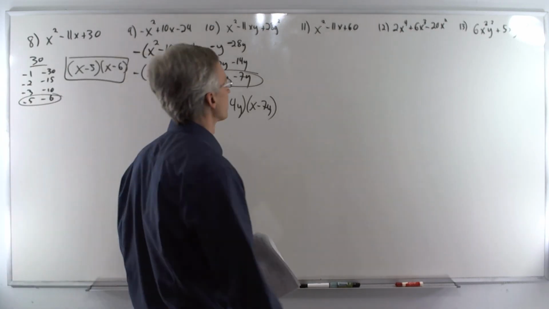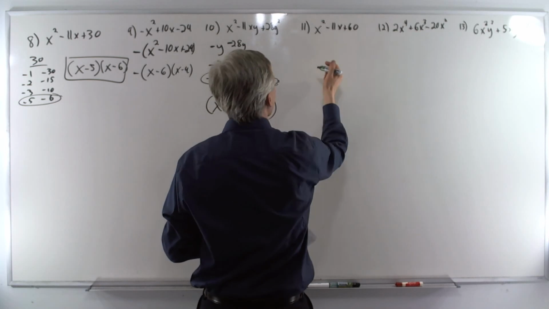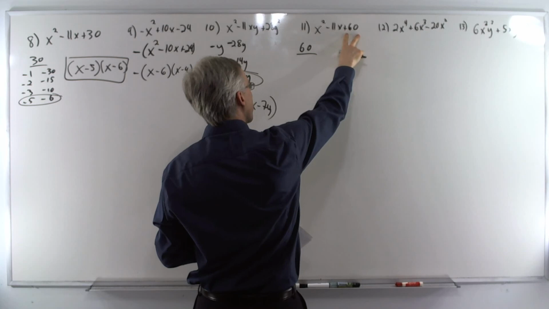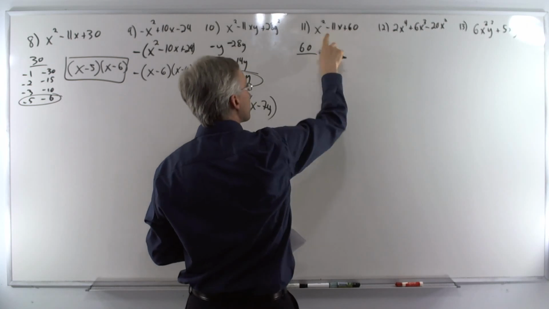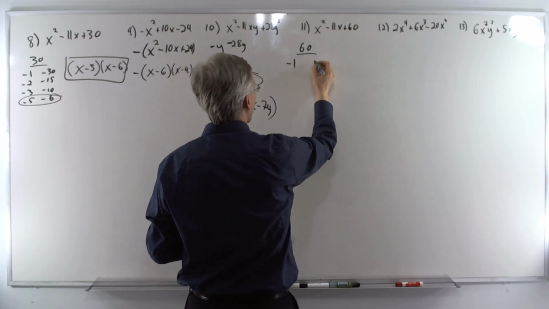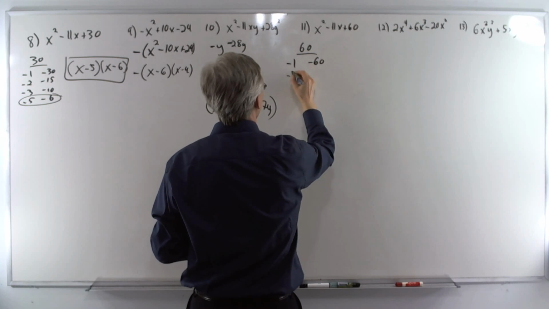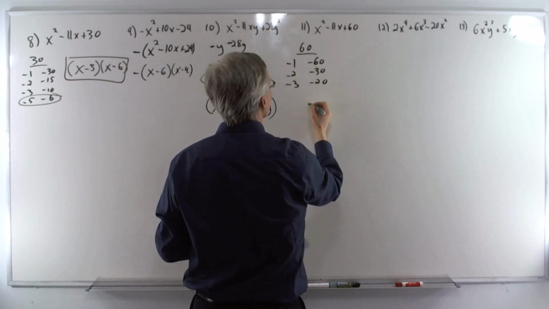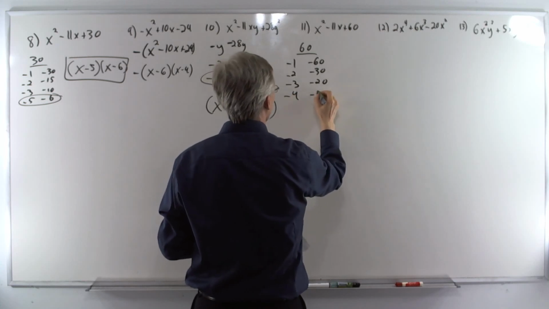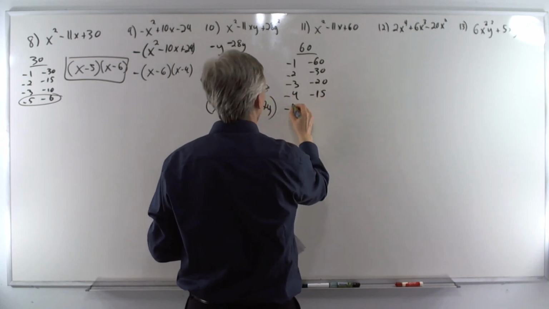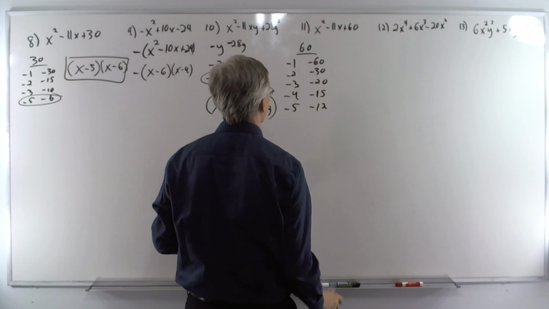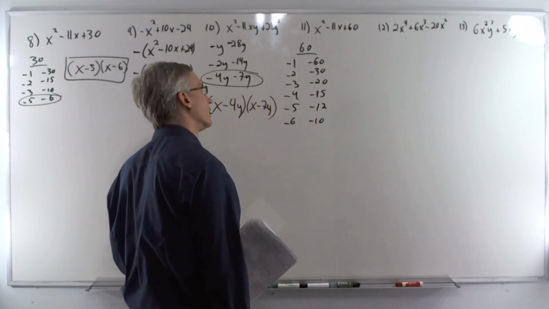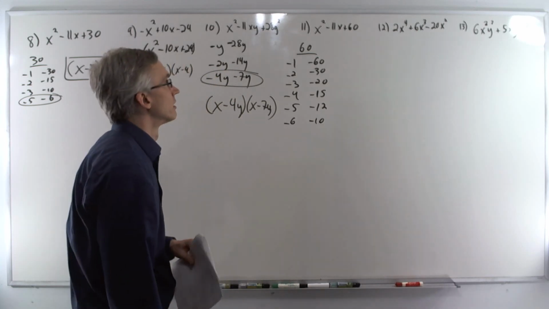Next up, two numbers to multiply to get 60 and to get negative 11. Factors of 60 is positive, so they'll be both positive or both negative. Middle term is negative, so they both have to be negative. So negative 1, negative 60, negative 2, negative 30, negative 3, negative 20, negative 4, negative 15, negative 5, negative 12, negative 6, negative 10. 7 doesn't divide, 8 doesn't divide, 9 doesn't divide.